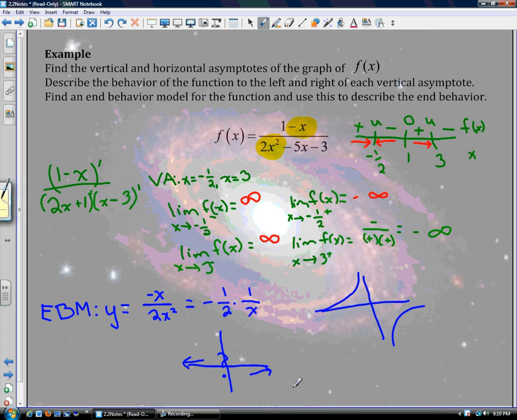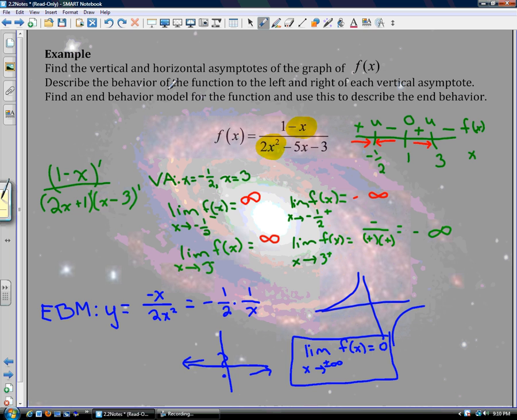I don't care about anything else. So, the limit as x goes to infinity is 0. Also, the limit as x goes to negative infinity is still approaching 0. So I can actually put this all in one: the limit as x goes to positive or negative infinity equals 0.